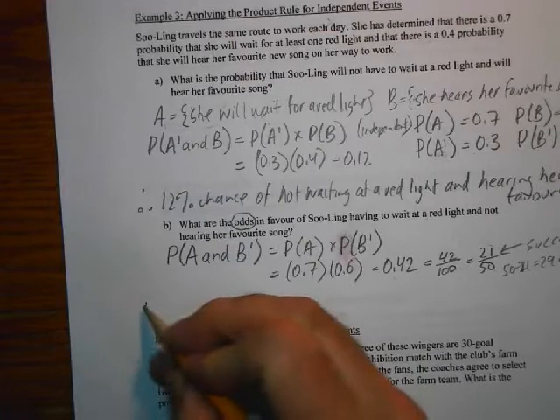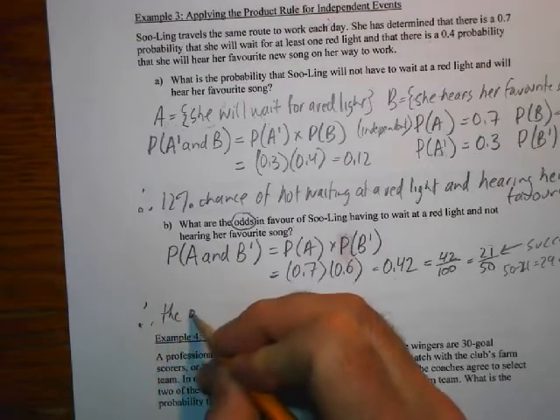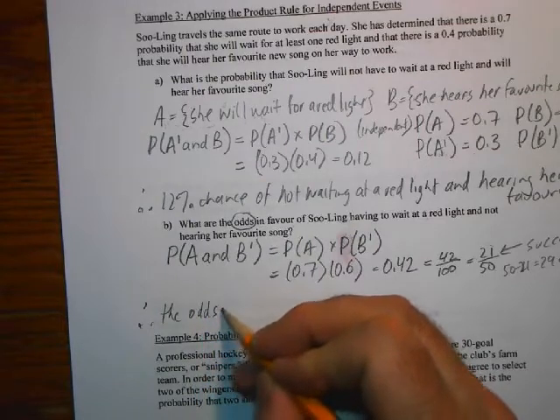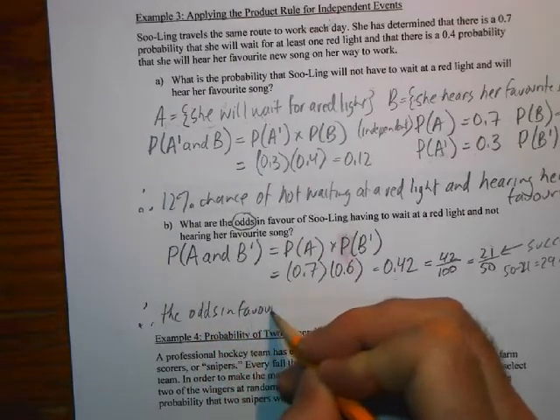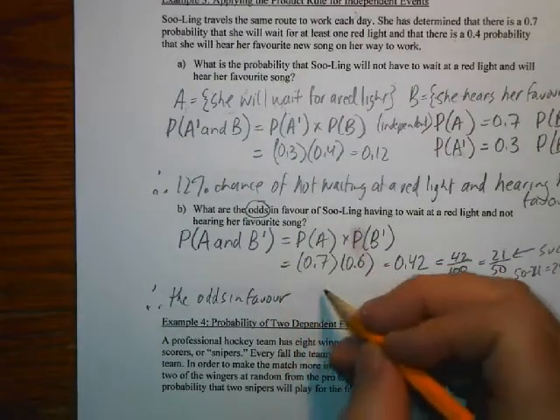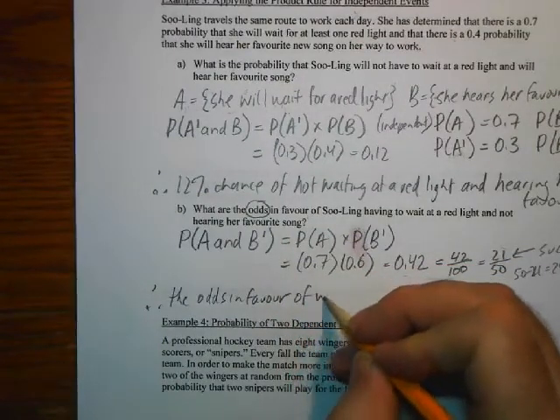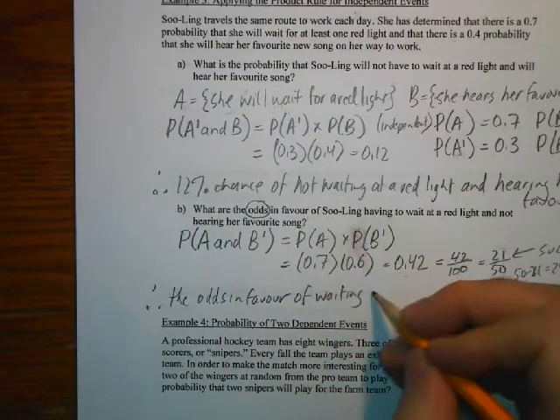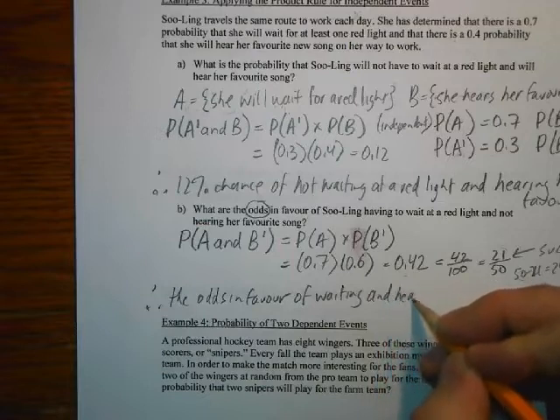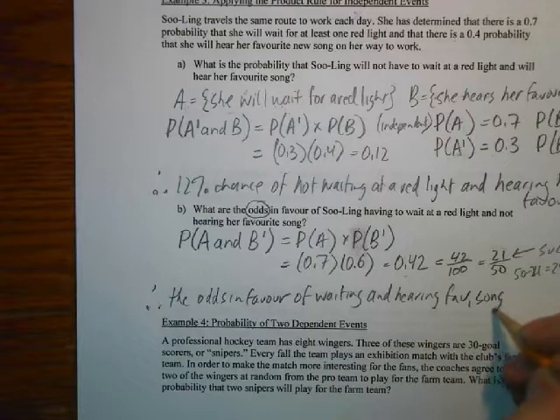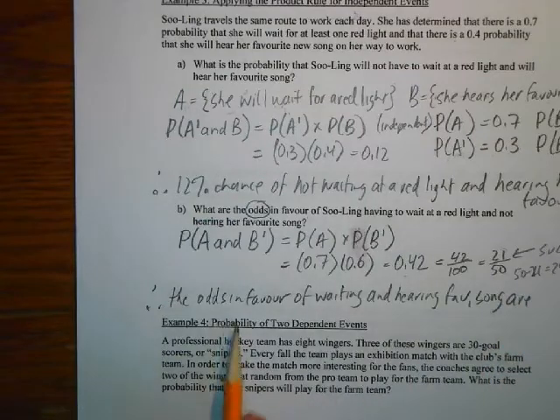So the odds in favor, because that's what the question said, odds in favor of waiting, which stands for waiting for red light and hearing favorite song, are, so in favor means you put the ones where you succeed.